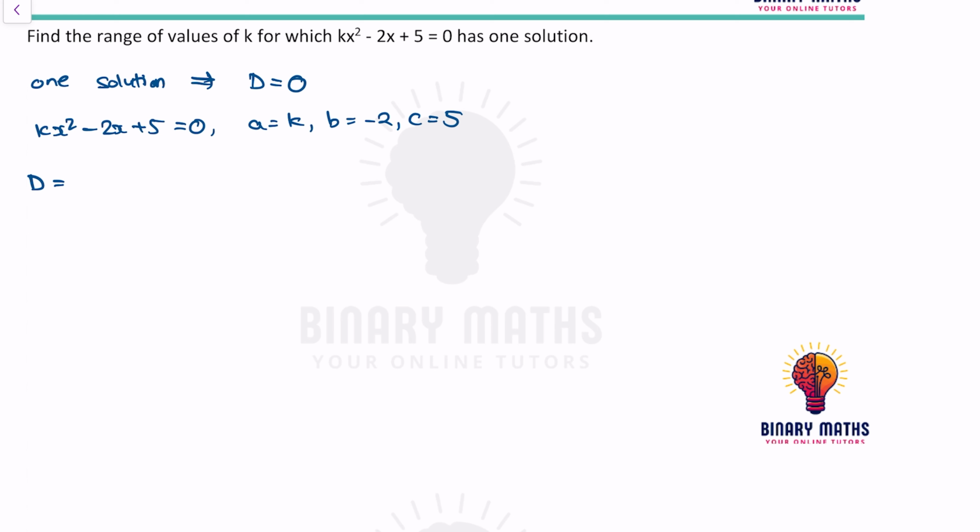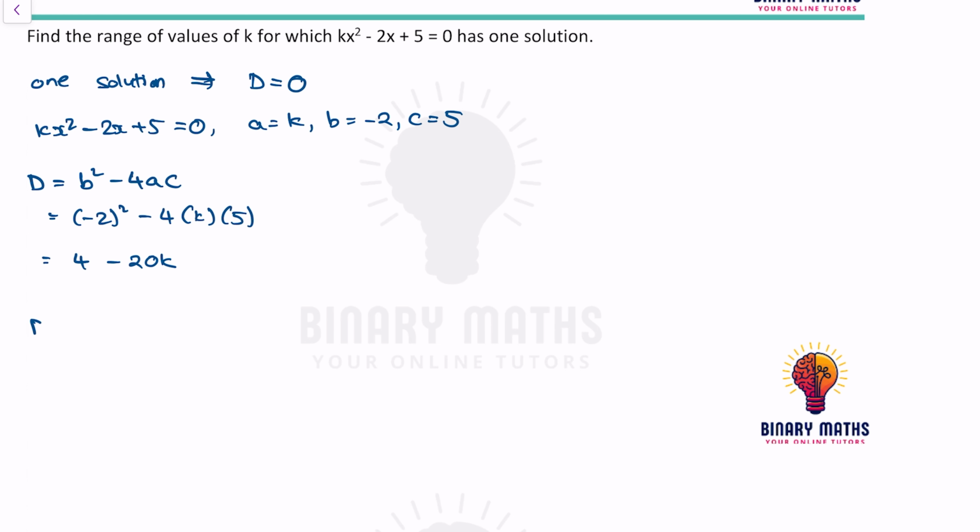So if we calculate the discriminant, which is b squared minus 4ac, I get negative 2 squared minus 4 times k times 5. My negative 2 squared gives me 4, minus 4 times k times 5 gives me negative 20k.